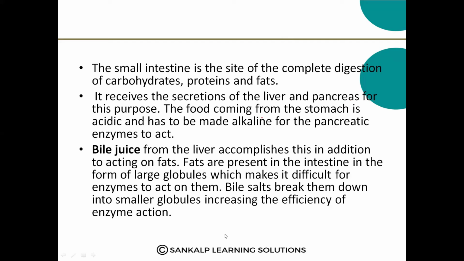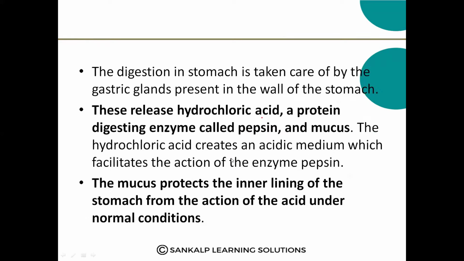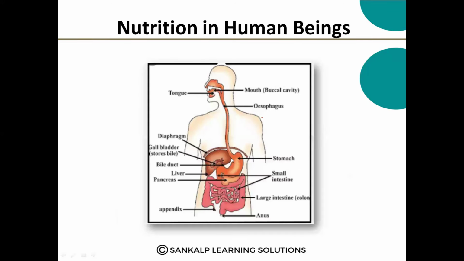Observe this picture. Here there is a gallbladder which stores the bile, and there is a liver. Inside the liver there is a gallbladder. The gallbladder stores the bile juice, and that bile juice is transported by the duct.